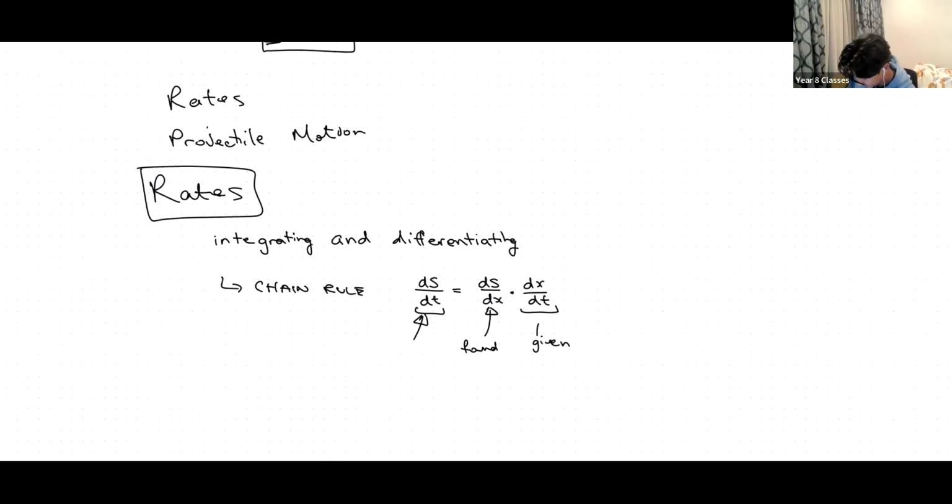Okay, so first question, we have a 500-liter tank, which is initially empty.